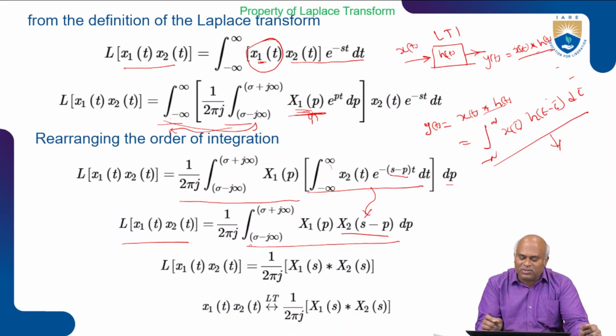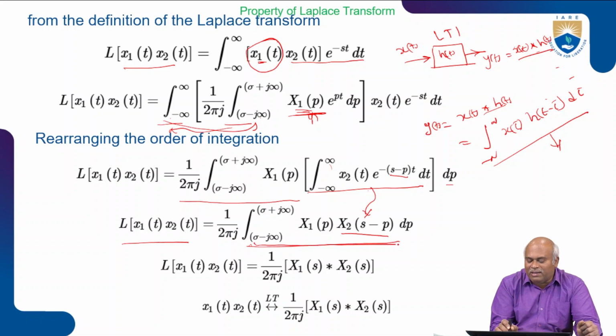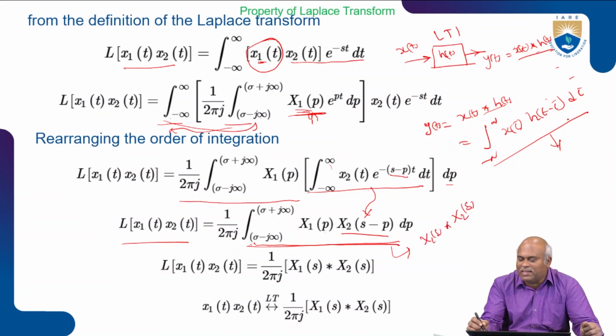Same like that, we got the values, that is sigma minus j infinity to sigma plus j infinity of x1 of p, x2 of s minus p dp. So that's why I should write this term as x1 of s convolution x2 of s, as per the statement of linear convolution in the LTI system.